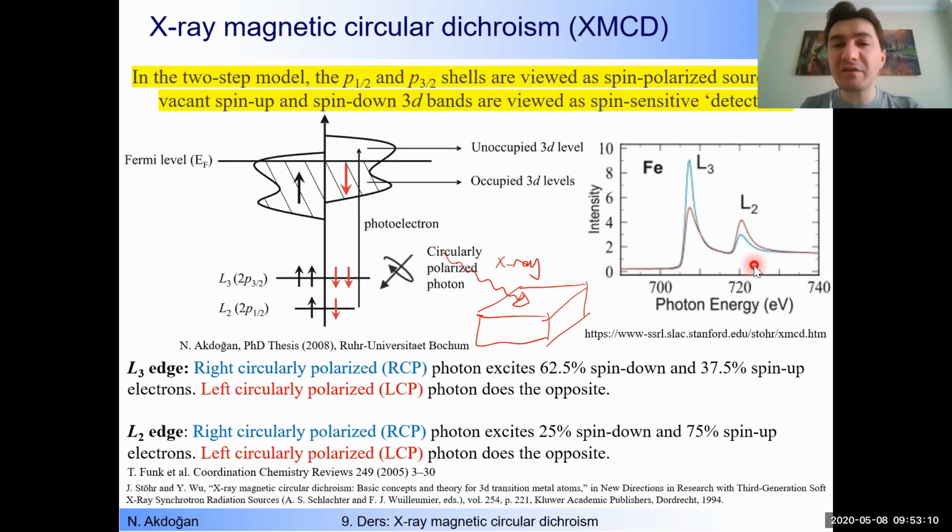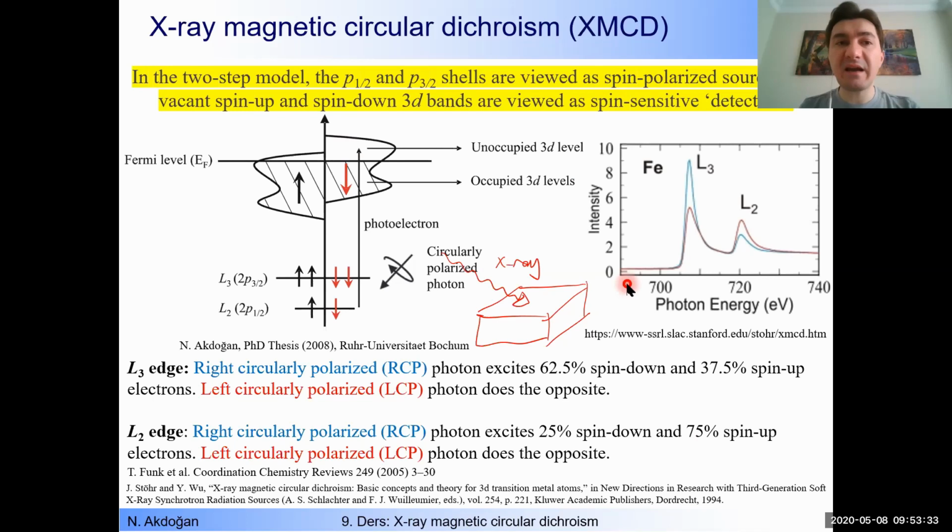But if the material is ferromagnetic, like iron, cobalt, or nickel, then we have unoccupied 3D levels. Then for the RCP and LCP, we see different curves as a function of energy in the XMCD signal.